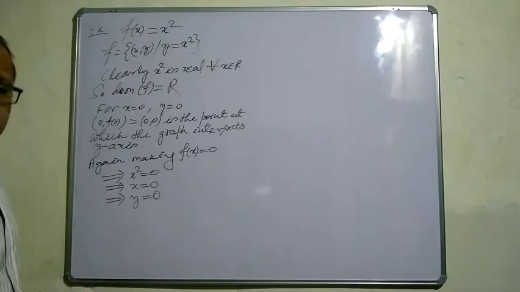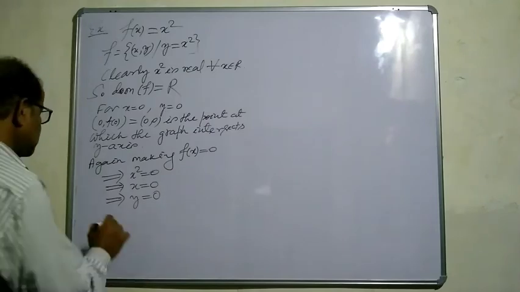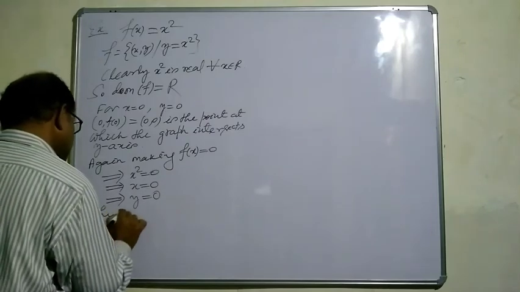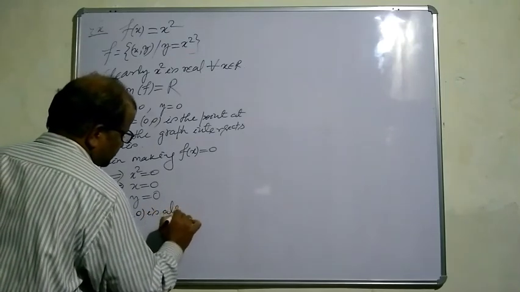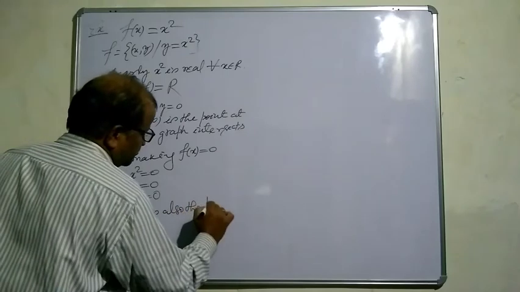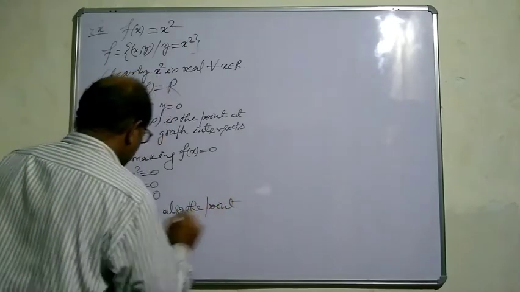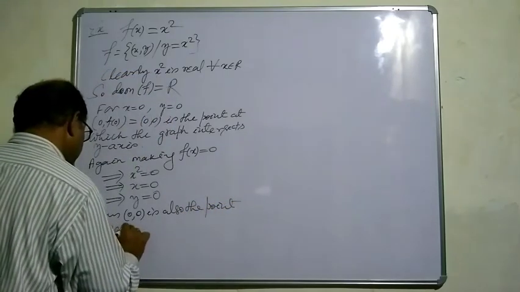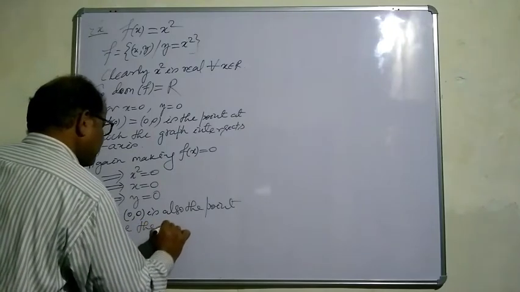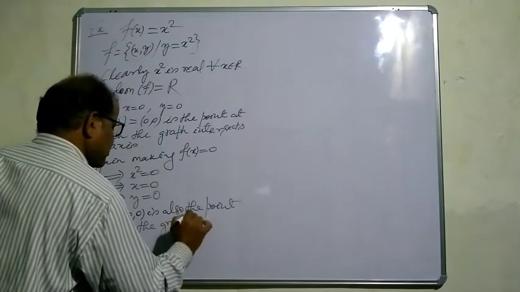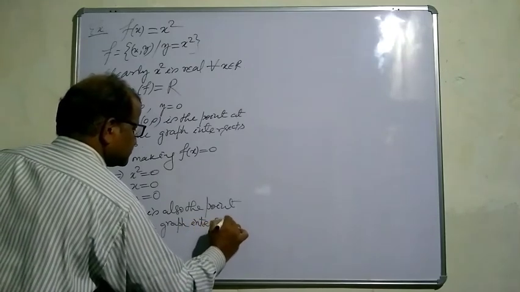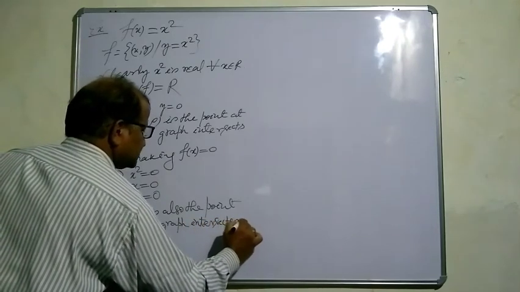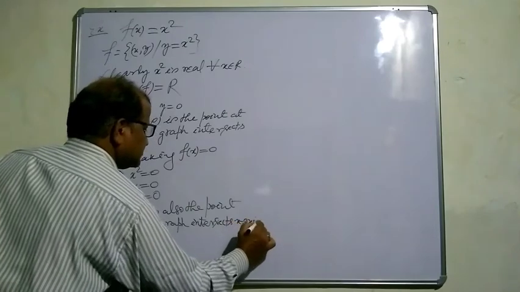So thus (0, 0) is also the point where the graph intersects the x axis, right?